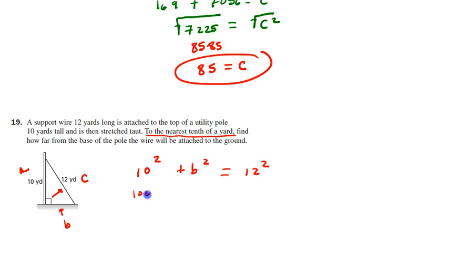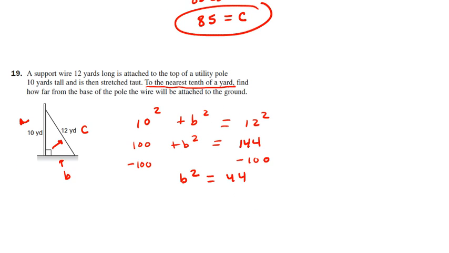I know this is 100 plus B squared equals 12 squared. I want to subtract 100 from both sides so I can isolate B. Oh, I meant to write 144 here because that's 12 squared. I end up with B squared equals 44.